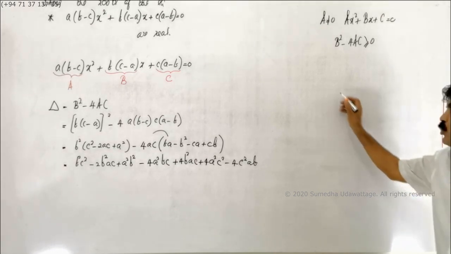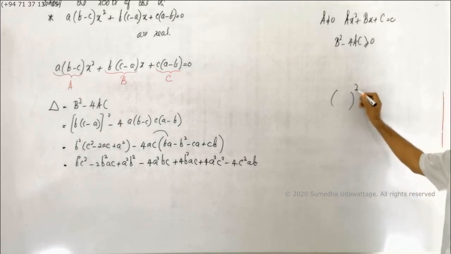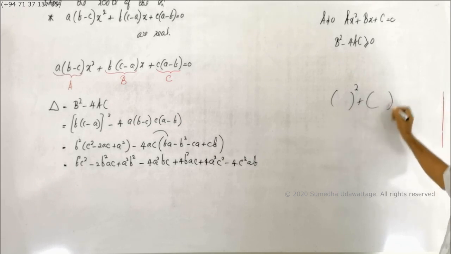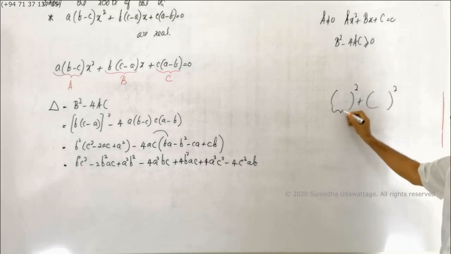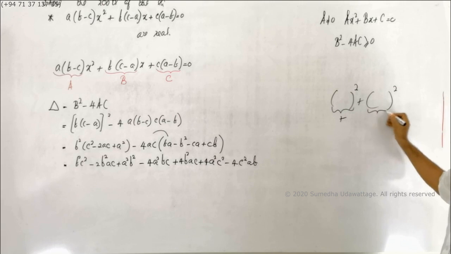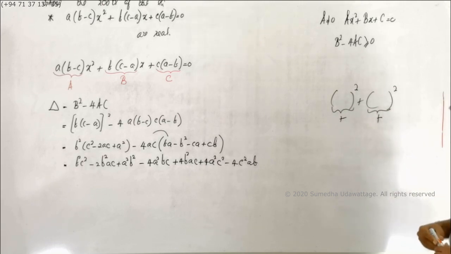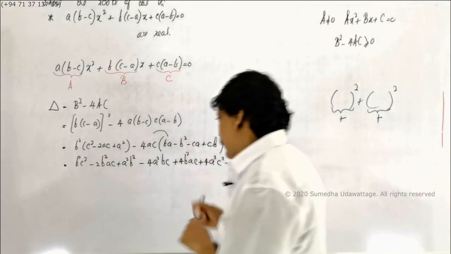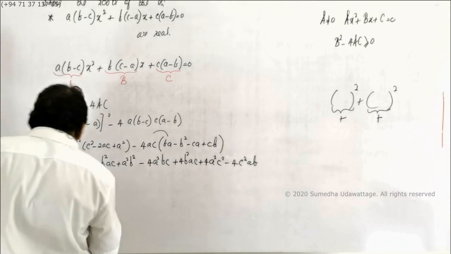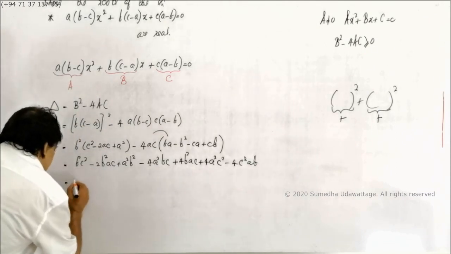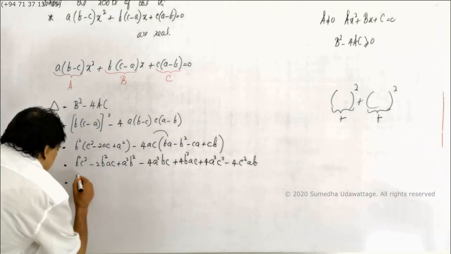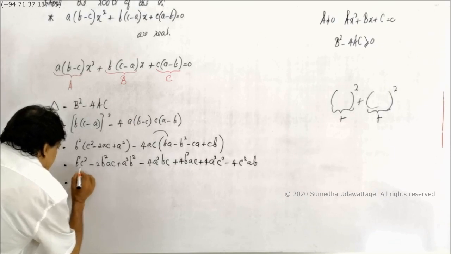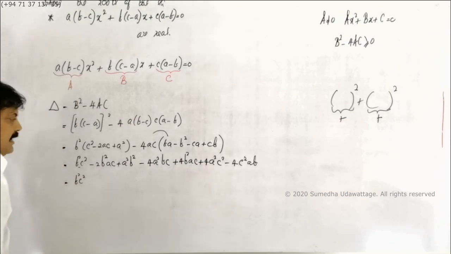To show any value is positive, you can show it as a complete square or as a total of squares. When it becomes a square, it is a positive value. We don't know how we would get this by simplifying. Let's say I take this complete square b square c square, and I underline it so that we'll not miss it.